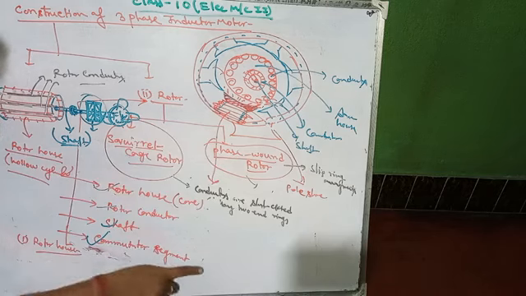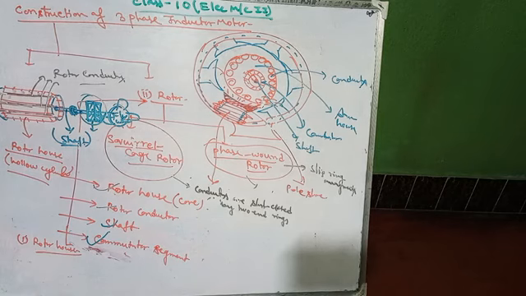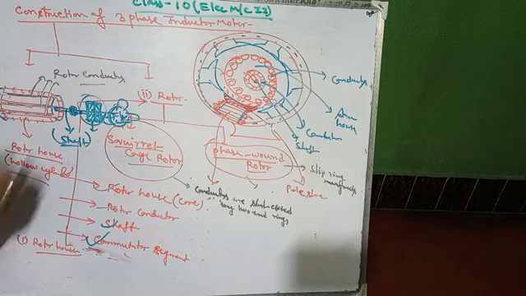So the commutator segment is used to collect the current from the armature in case of generating operation. Sometimes an induction motor can also act as a generator, and in that condition this commutator has a role. Otherwise the commutator has no role here. So this is the construction of the armature.